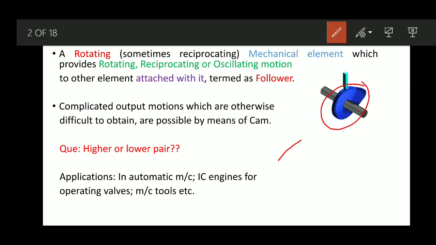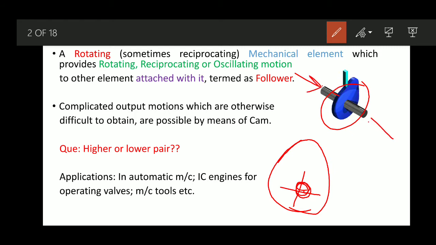The shape of this blue part is something like this, and suppose this is the axis. If I view from this side, it will move inside this plane.